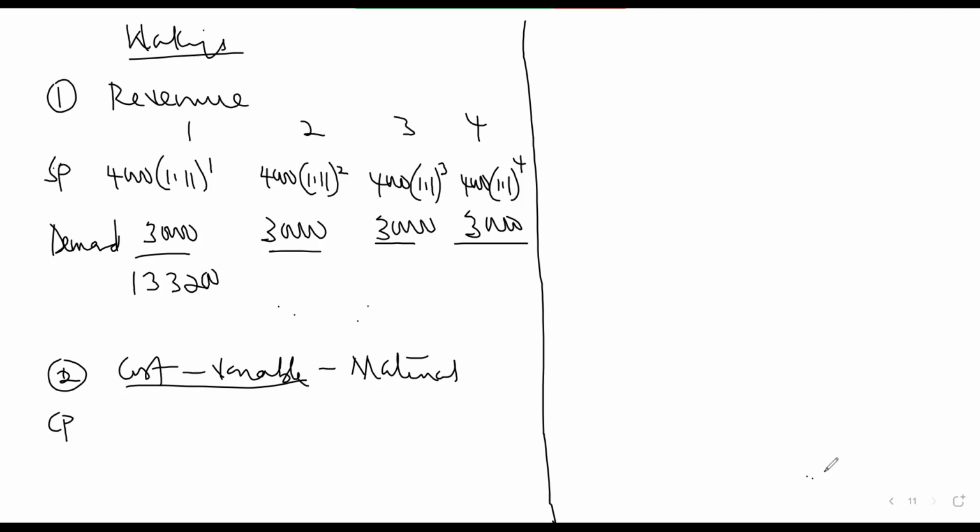133. It's 11%. Okay. So I'm getting 147,852. 147,852 for the year 2.